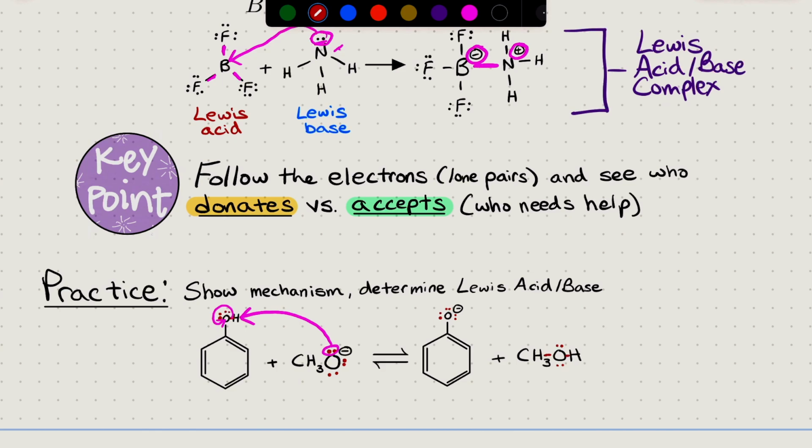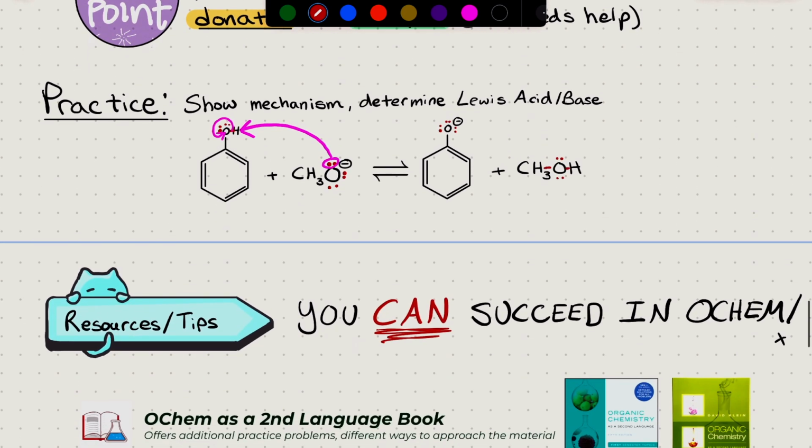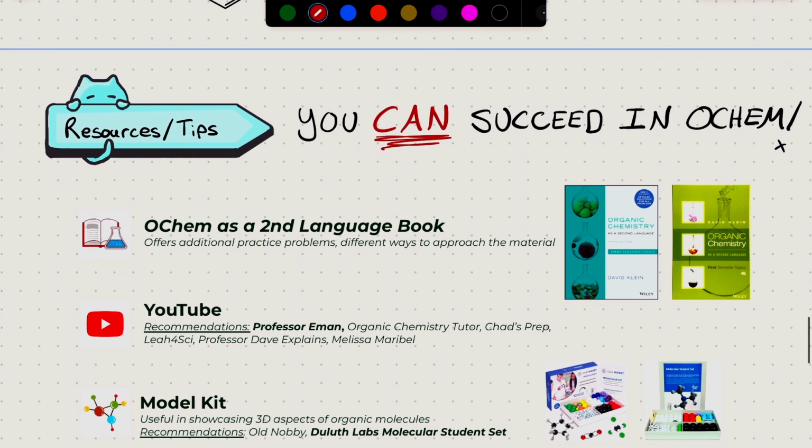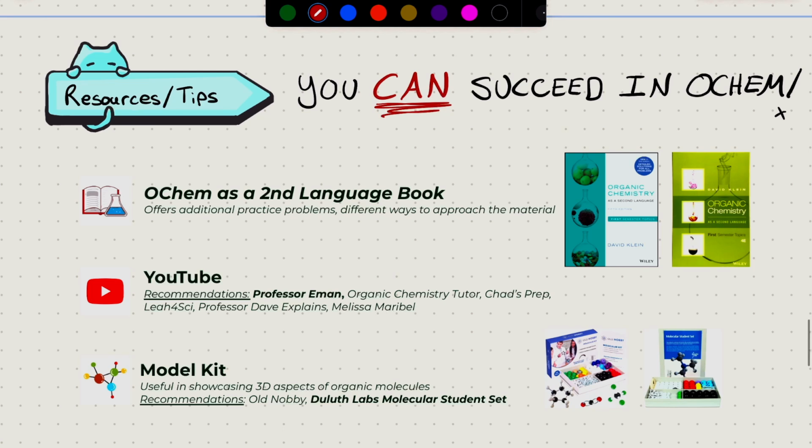Woohoo! Okay. Last page is all about the resources and tips I am going to be giving all of you to hopefully succeed in OChem, because I will say that after taking organic chemistry for a whole year and currently studying for the ACS organic chemistry exam, which is the final, I have to do a 70 question exam, which goes over the entire year of organic chemistry concepts.